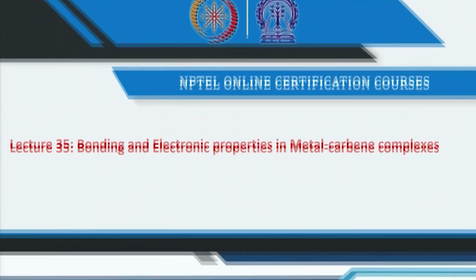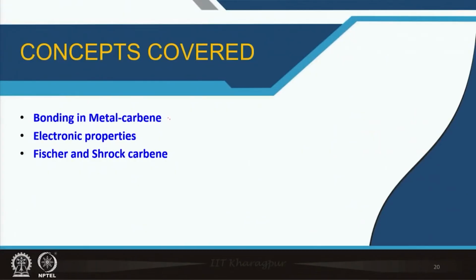The concepts we learn here are the bonding in metal carbene, electronic properties, and the different types of metal carbene complexes, mainly classified into Fischer and Schrock. What are the Fischer carbene and the Schrock carbene, and what is the basic difference between them in the bonding as well as in the electronic properties?